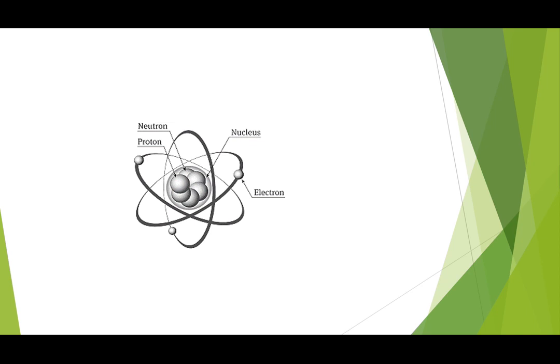The electrons are revolving around the nucleus. The third point is related to the charge of the particles. We have to tell that the protons are positively charged, the electrons are negatively charged, and the neutron does not have any charge.